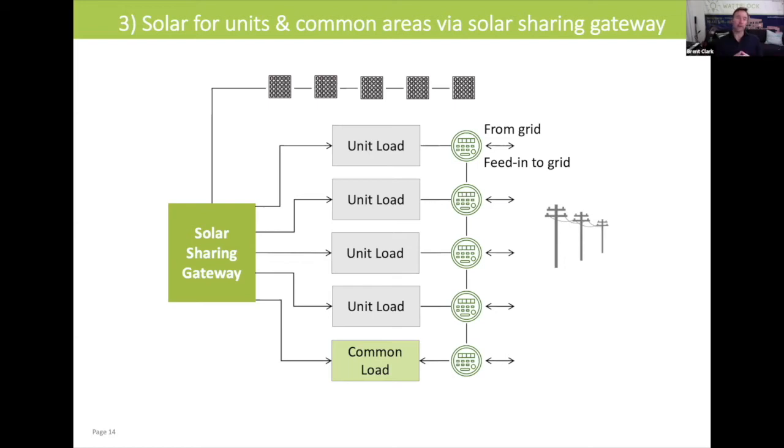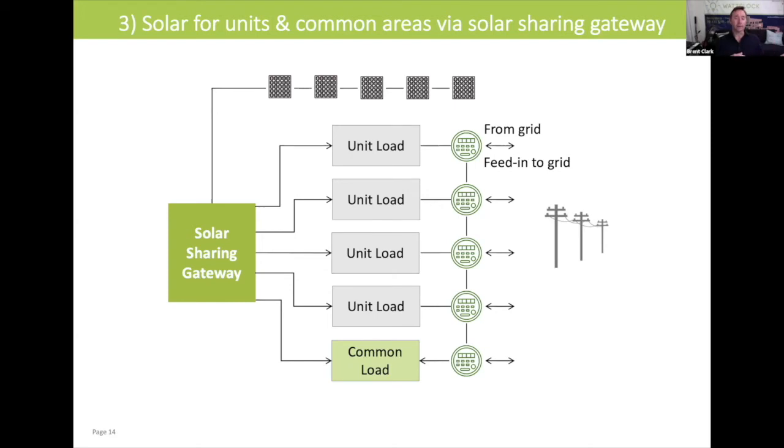If, for example, one of the unit dwellers goes on a road trip into New South Wales for 2 weeks, then the demand from their unit will go down in that period, and the solar sharing gateway will be intelligently allocating solar that's generated to the other units during that 2-week period.